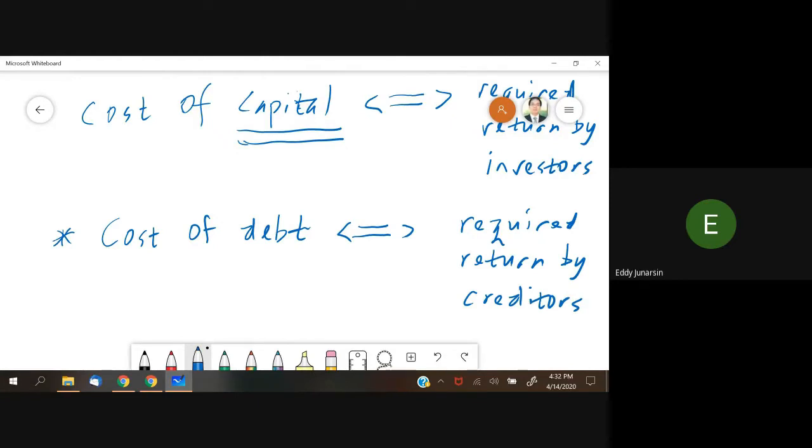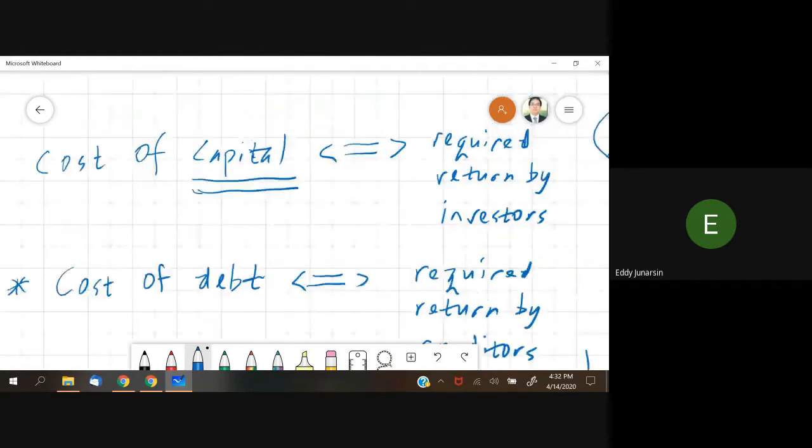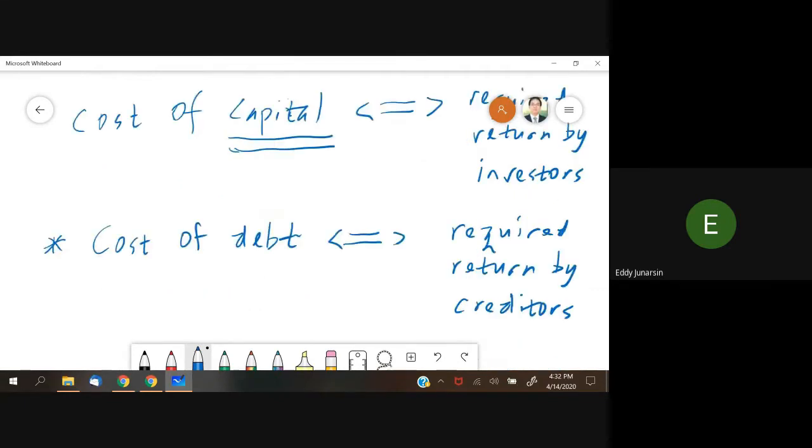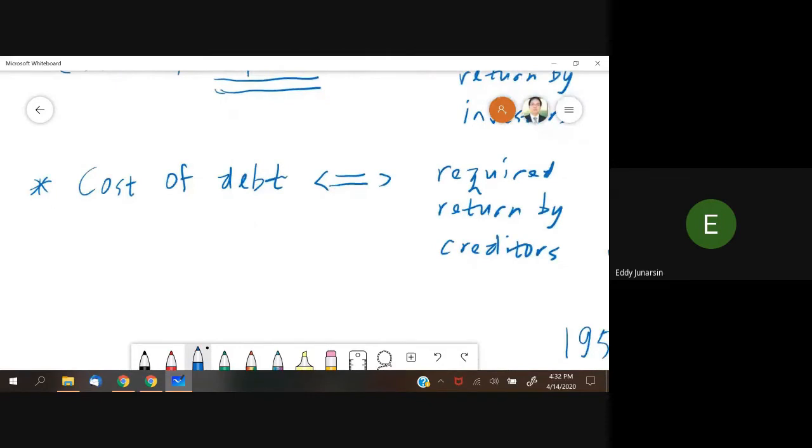So cost of debt to us is actually the required return by our creditors. So you see the analogy, right? We always compare things at the same level. The cost of capital is the required return by investors, all of them, right? But the first component, cost of debt, is the required return by creditors.